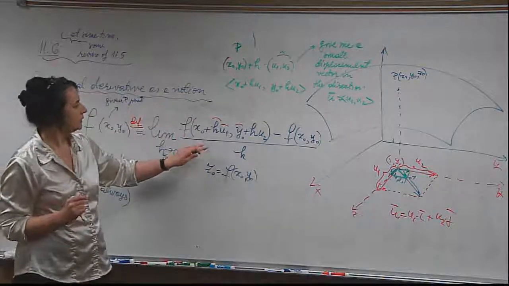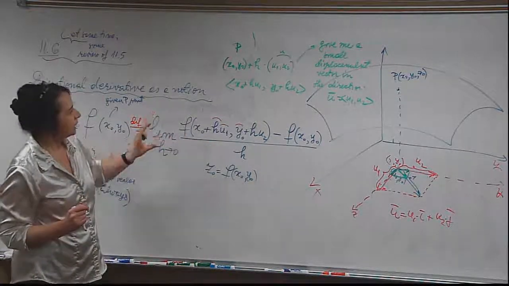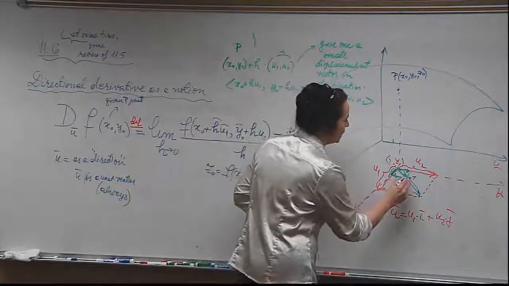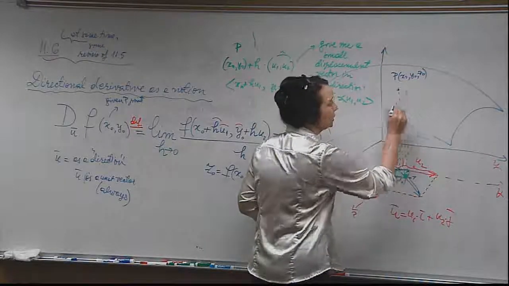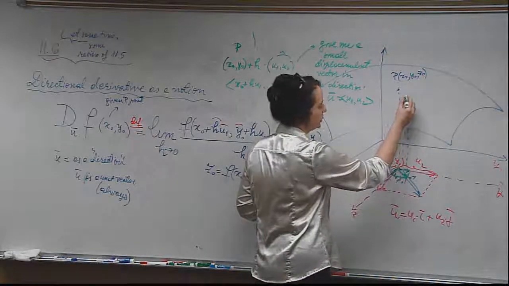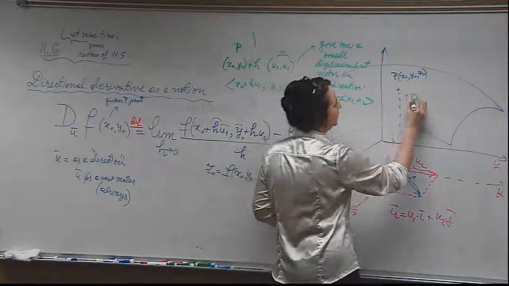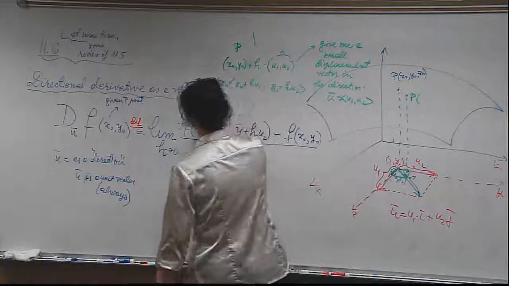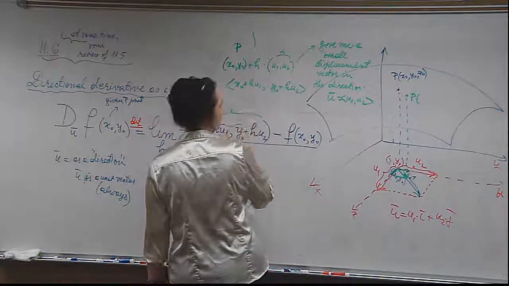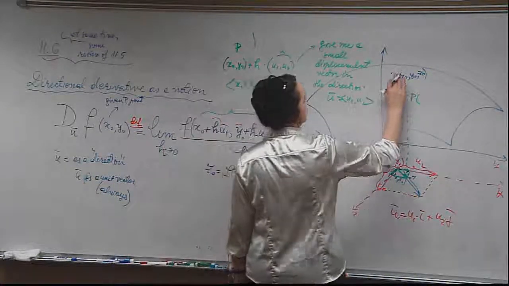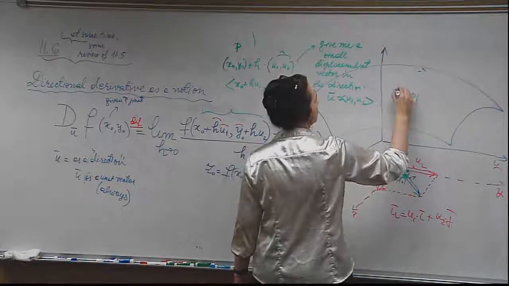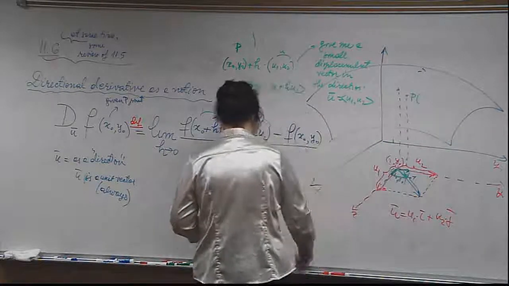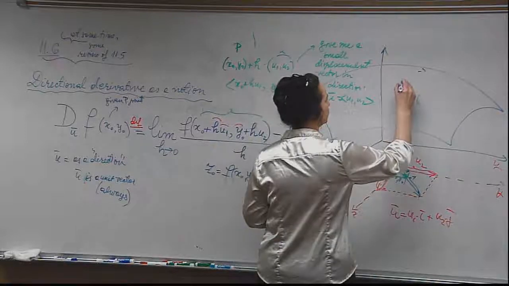Okay? So where am I here? I'm just one step further with a small displacement, and that's going to be p at this whole thing. Let's call this, the blue one, f of x0, y0.